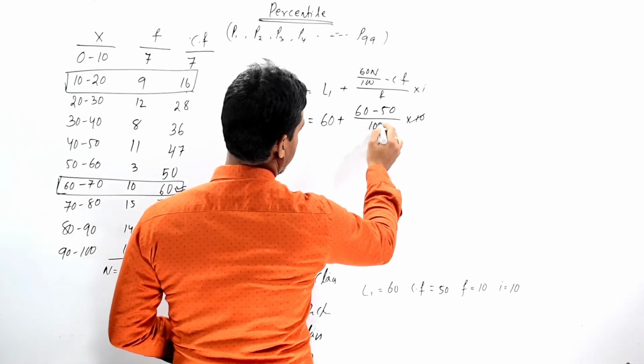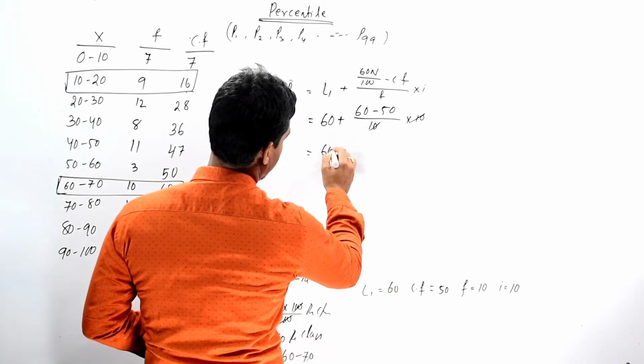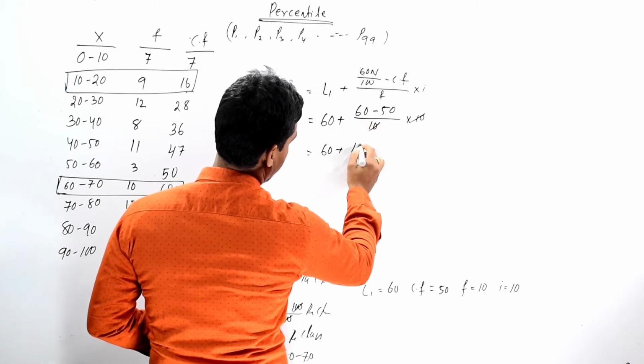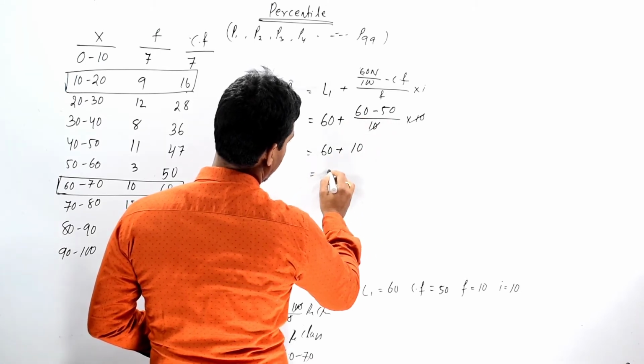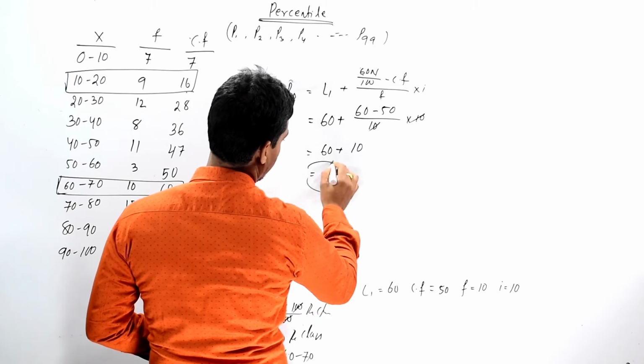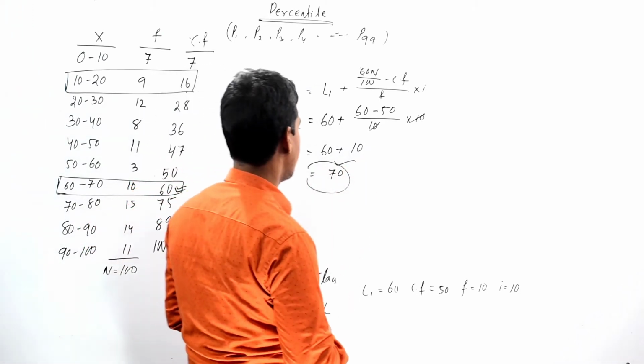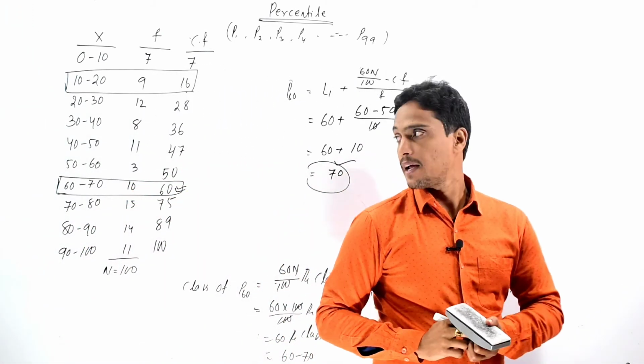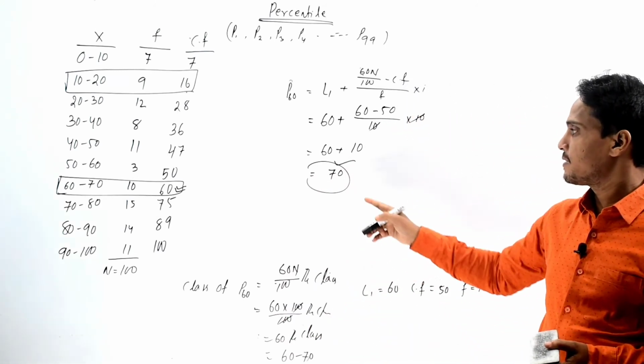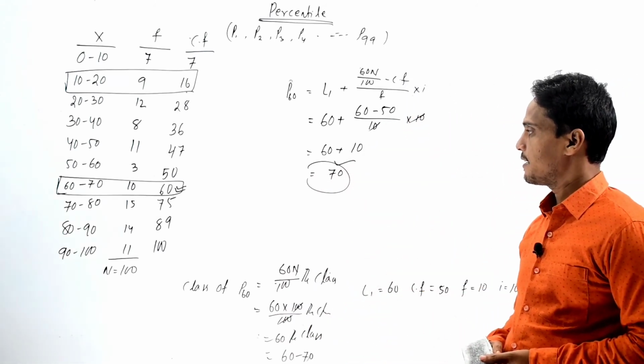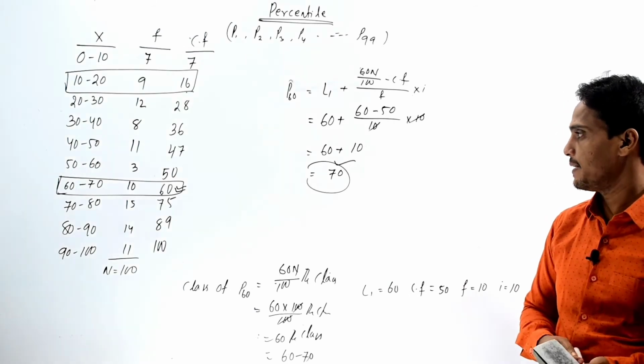Here the 10s cancel, so 60 plus 60 minus 50, that is 10. So our P60 is 70. The value of the 60th percentile is 70.